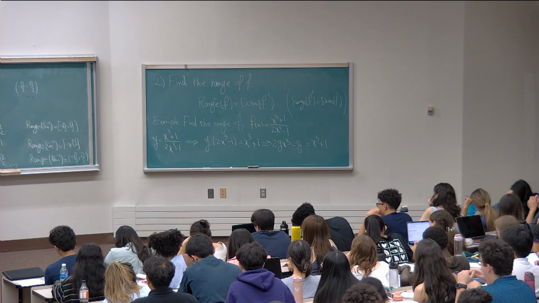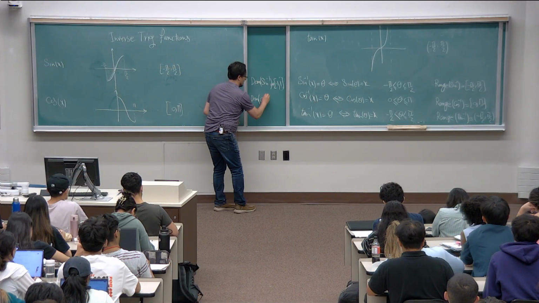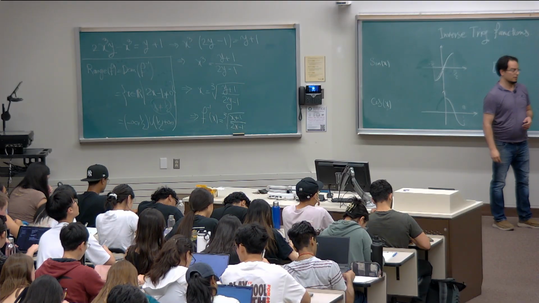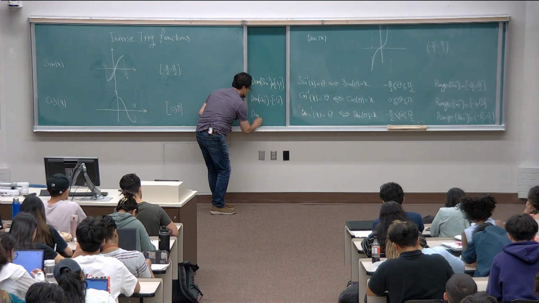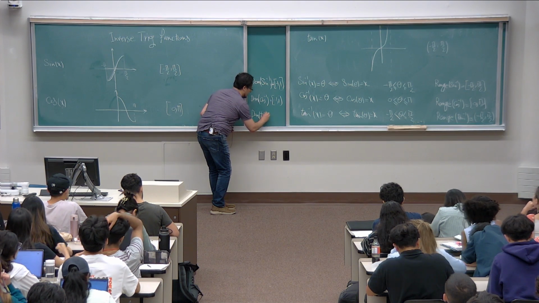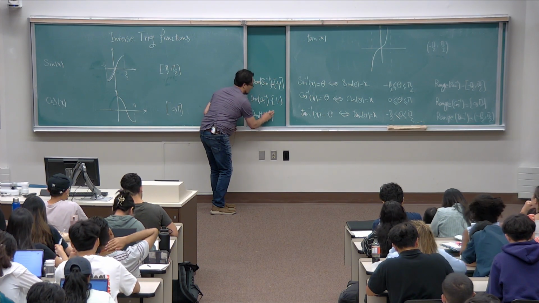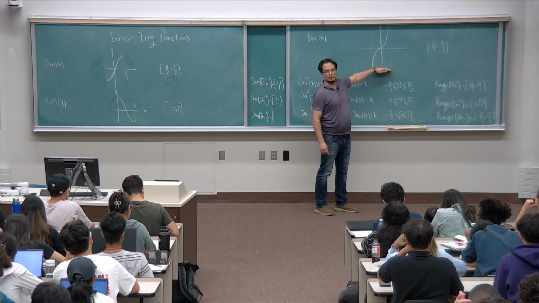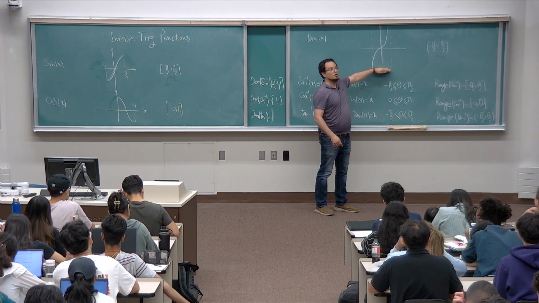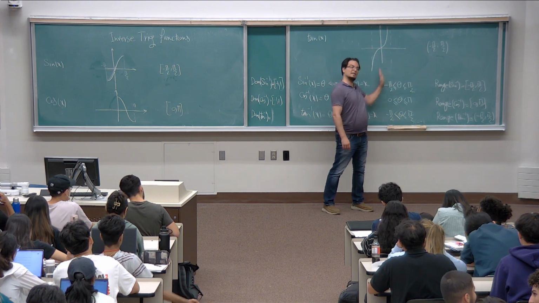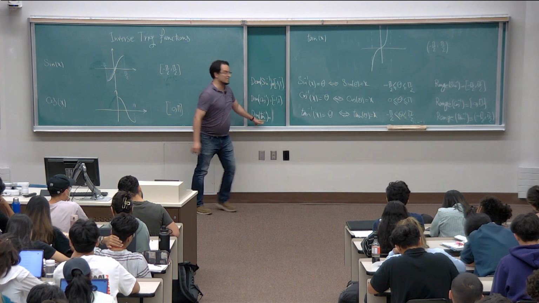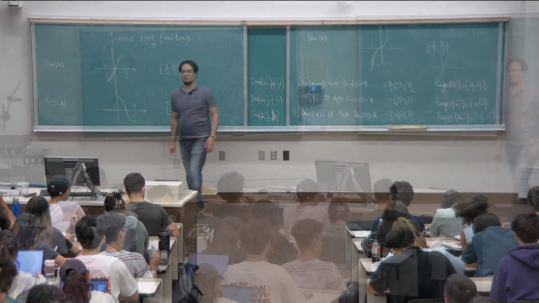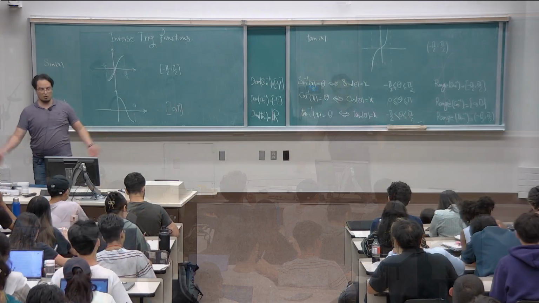For cosine, the domain is also -1 to 1. For tan, what is the range of tan on the interval negative pi over 2 to pi over 2? The whole real line, from negative to positive infinity. So the domain of tan inverse is the whole real line.